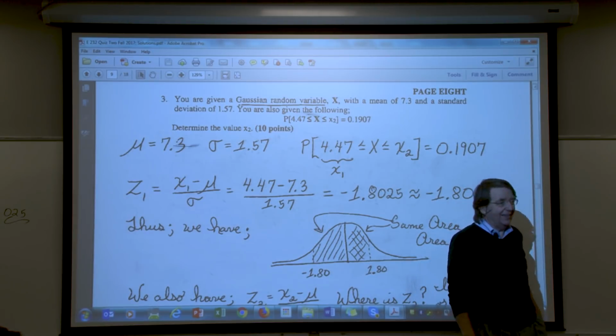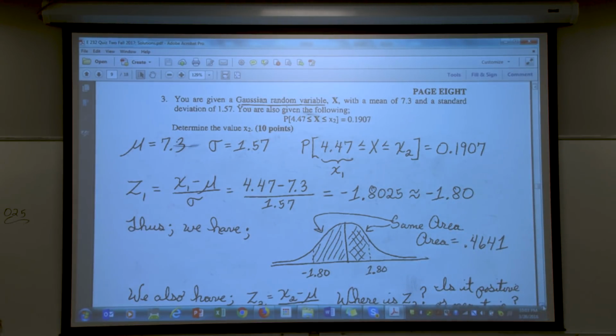Okay, so this is now asking it backwards. So I'll go as far as I can until I get stuck. Z1, I got that. That's using 4.47. So Sean, I get minus 1.80.